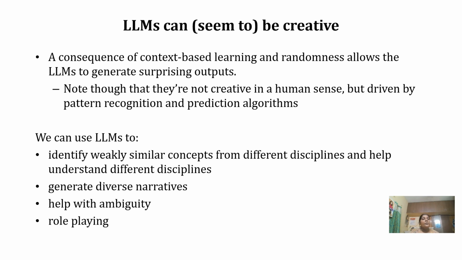So whenever you note, though they are not creative in the human sense, it is driven by pattern recognition and prediction algorithms. So the creativeness is again based on pattern recognition and prediction algorithms. So we can make an LLM be creative based on the higher prediction algorithms that we are trying to incorporate.